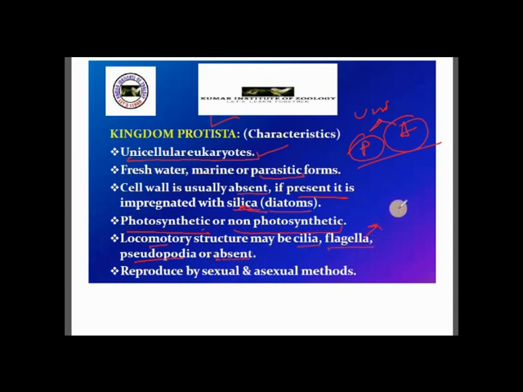Flagella is also present in Chlamydomonas. So the locomotor organelles may be cilia, flagella, or pseudopodia, or may be absent in some of the organisms. Lastly, they reproduce by sexual and asexual modes of reproduction. These are some of the characters of Protista.